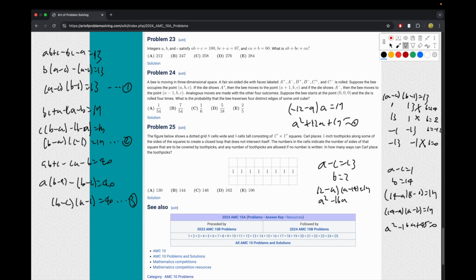Oh, that's quite strange. It should work. Wait, this one doesn't work. It doesn't make sense. It should work. Did we do something wrong?